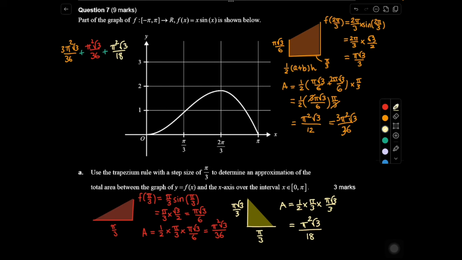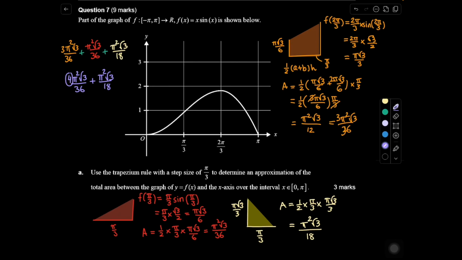So now looking at this, we can add the 2 on the left, and that's going to get us 4 pi squared root 3 over 36, plus, and then leave the 1 on the right because the denominator is different.